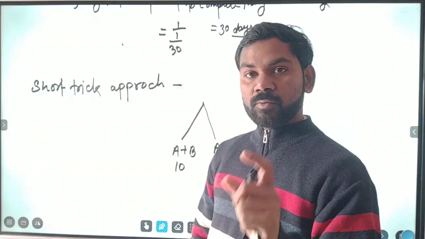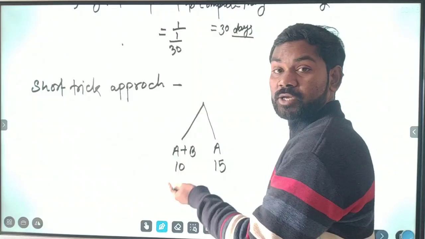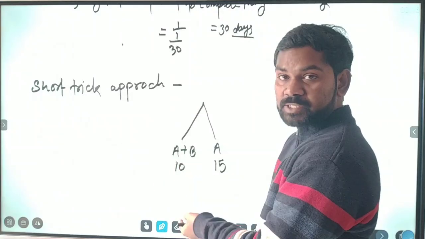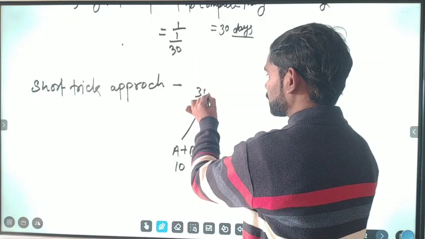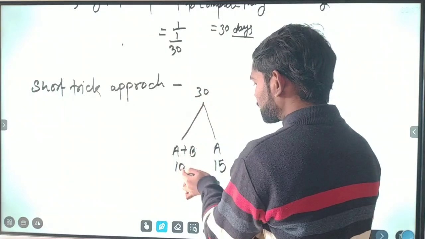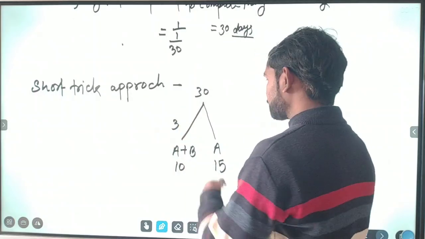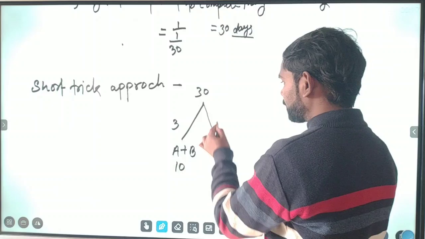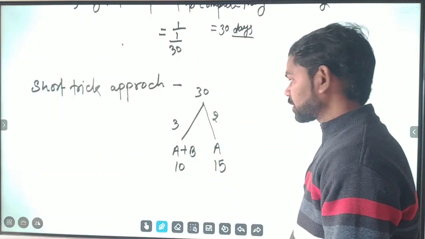Since the total work is always the LCM of the number of days required to complete the job by the persons, the LCM of 10 and 15 is 30. Is that clear? Now when 30 is divided by 10, we get 3, and when 30 is divided by 15, we get 2. Is that clear?